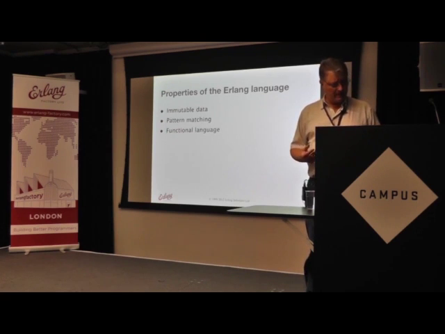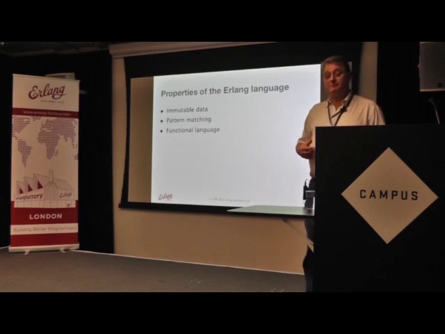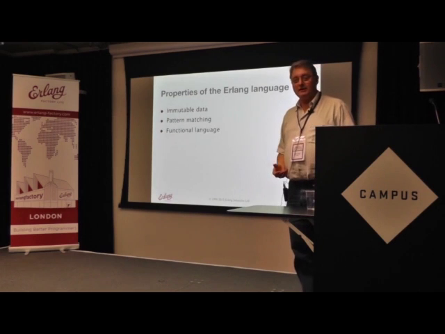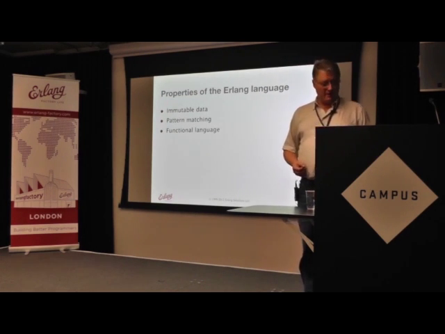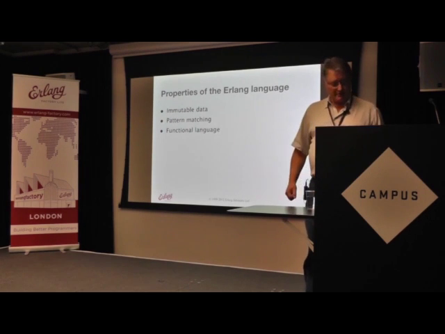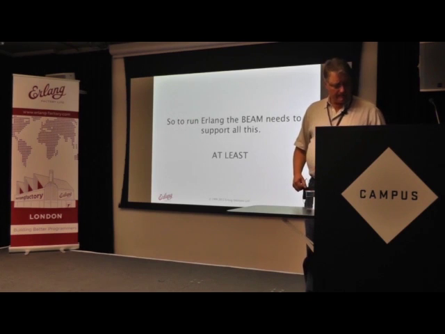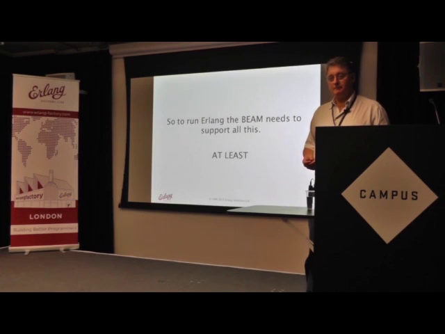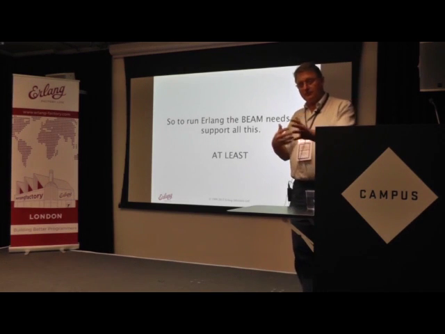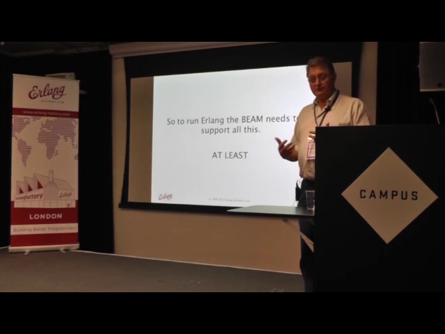For example, there's a pattern matching compiler in the compiler. That's basically standard fare for how to do that, but it's there. So I'm not going to talk about that at all. To run Erlang, the VM needs to support all this. And the difficult bit is not the sequential, functional-language-specific parts, it's the other things, it's the first thing.